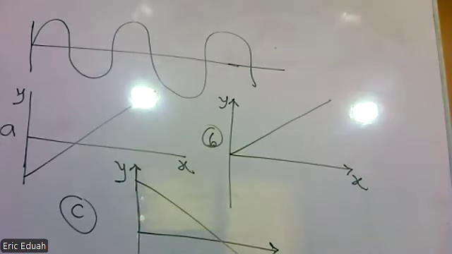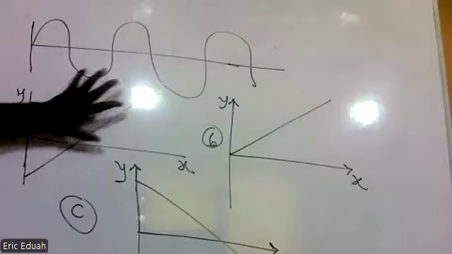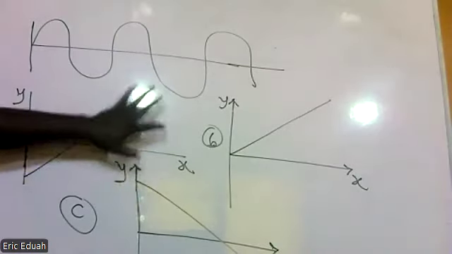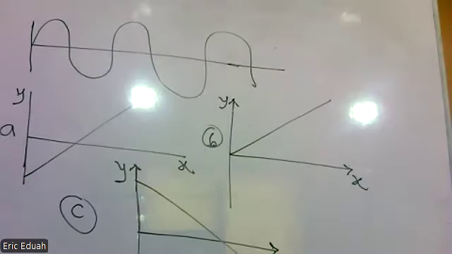Yes, Amma. Something moving from a point and it's increasing. No, what does the graph represent? What do the three graphs represent? Constant motion. Not so wrong, but let's still brainstorm.